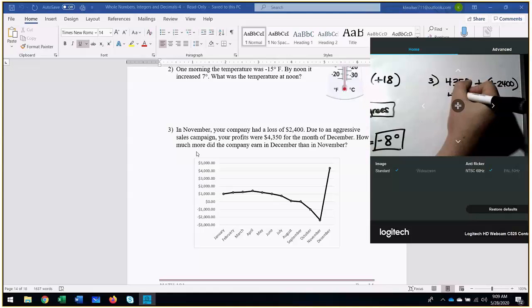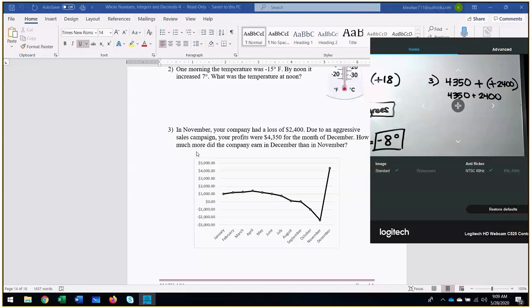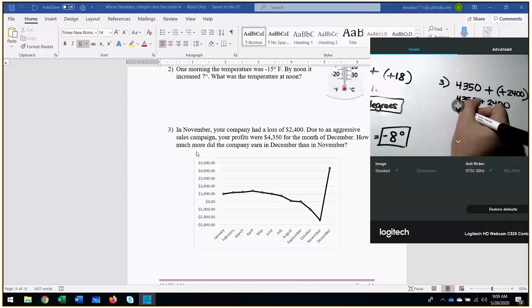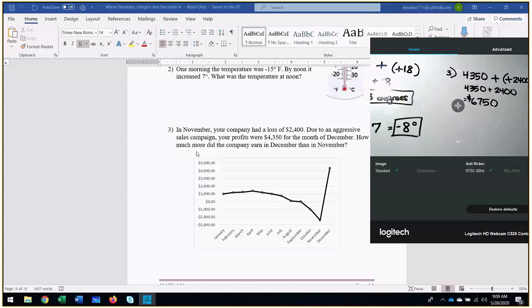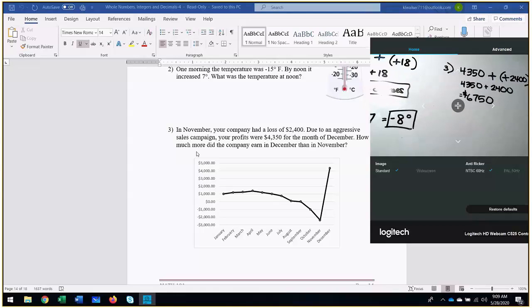So I've just transformed it to 4350 plus 2400. So then I'm just going to add it up. So let's see, 4350 plus 2400 gives me 6750. All right, so let's talk about whether or not that makes sense now.